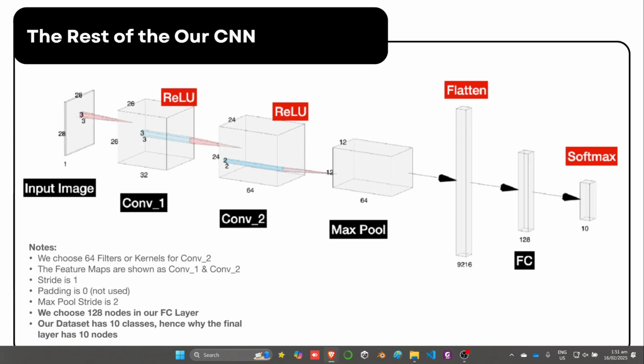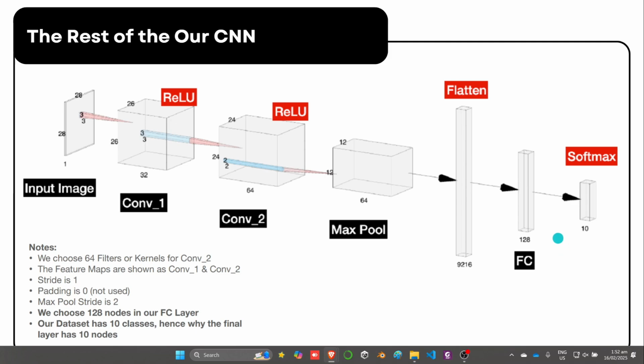For the rest of the CNN, this is another hard-coded 128 nodes here. This is something we can specify, and you can use any number. I tend to use powers of 2 for my sizes, but you can use whatever you want. You can use 100, or I've seen a lot of people use 1,000, decimal base numbers, so it's fine.